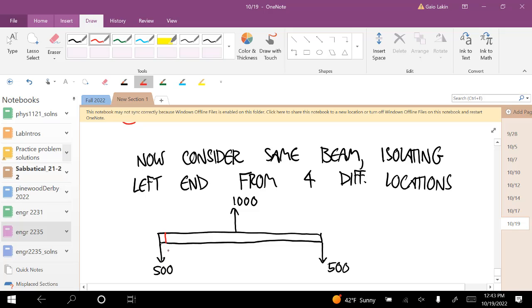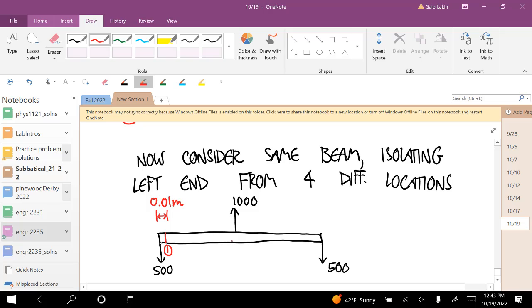I'm going to call that cut 1. And let's make this distance 0.01 meters. Okay.